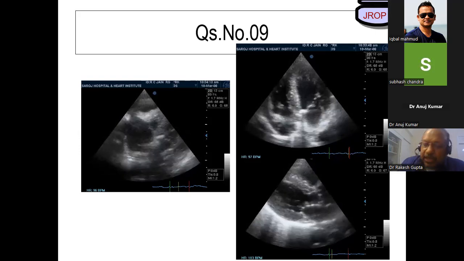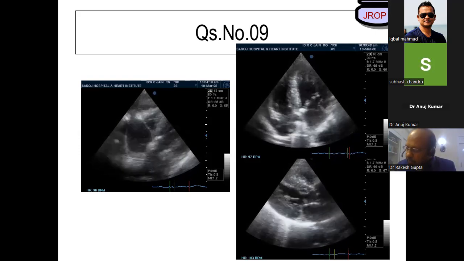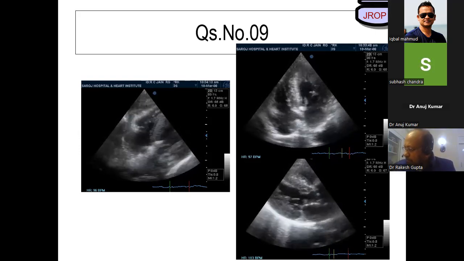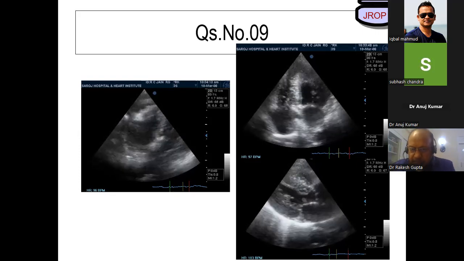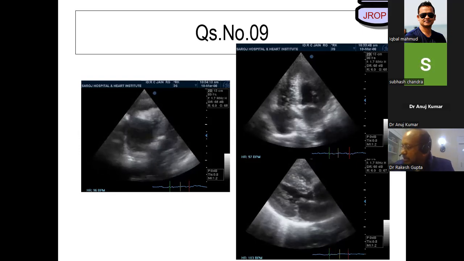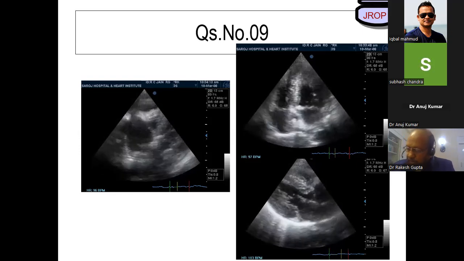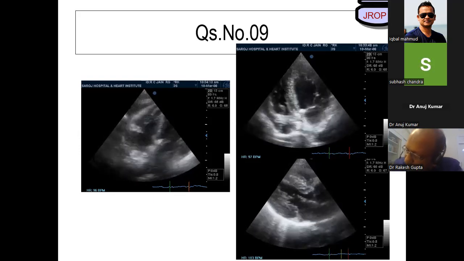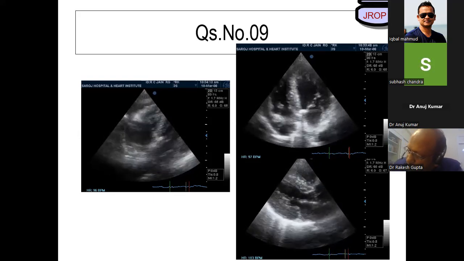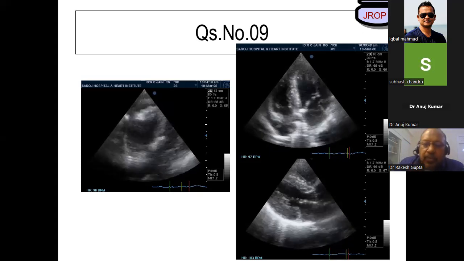Yes, sir. Go ahead. Thank you, sir. This seems like some infiltrative cardiomyopathy. Hypertrophic muscle, sir, and increased echogenicity of the interventricular septum in general. Great. And what could it be? There is no LV dysfunction as such, sir.